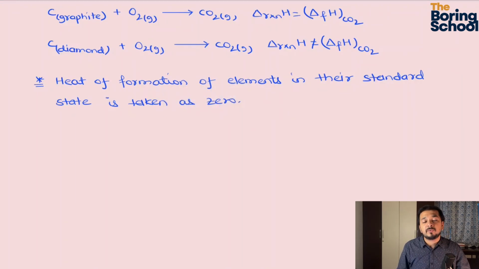Heat of formation of elements in their standard state, like whatever we have seen, O2 gas, N2 gas, H2 gas, Hg liquid, I2 solid, Br2 liquid, whatever elements we have seen, for them the heat of formation is taken as 0 in their standard state.